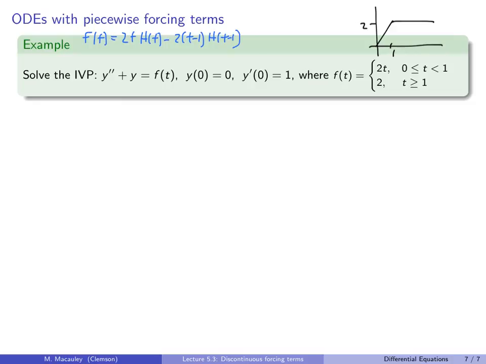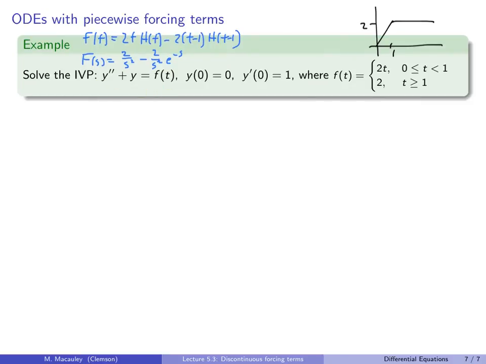And we also computed the Laplace transform of this. That was F of s, a couple slides later. It was 2 over s squared minus 2 over s squared times e to the minus s.